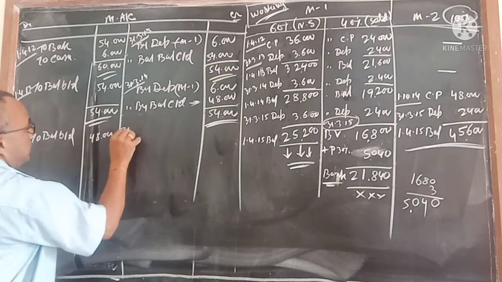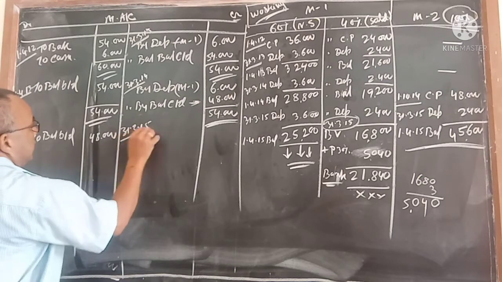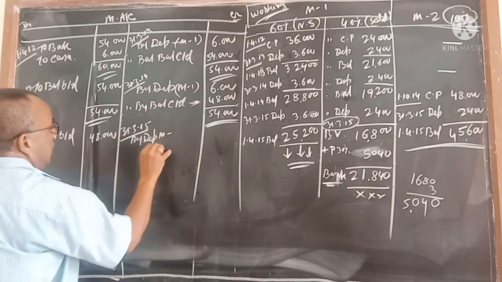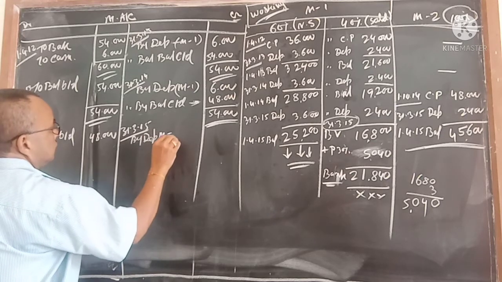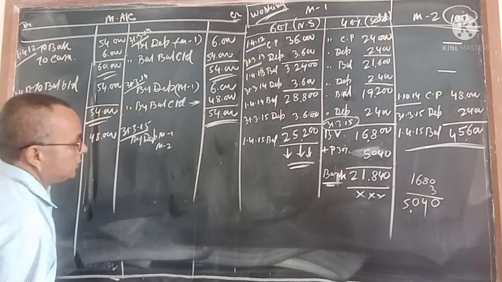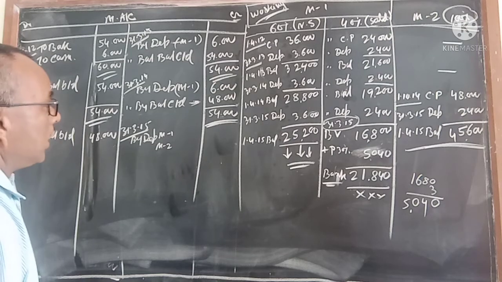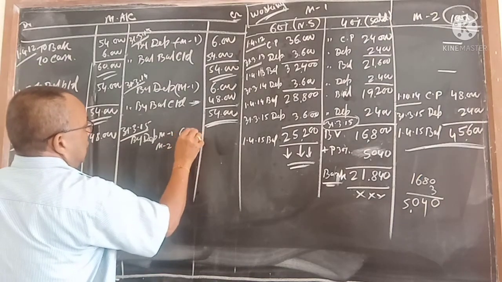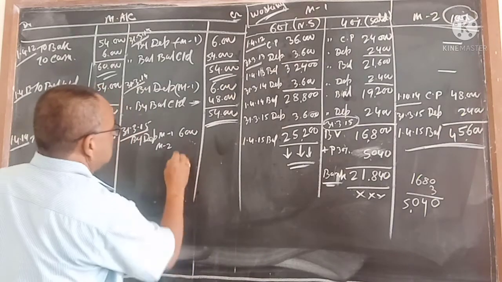Now one by one we will do. First we will charge the depreciation, 31st 3/15 by depreciation. Here M1 and M2 are separated. And M1 you are giving depreciation 6,000. And M2 2,400.